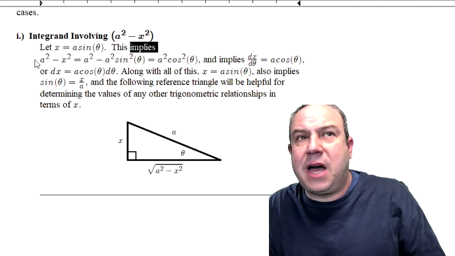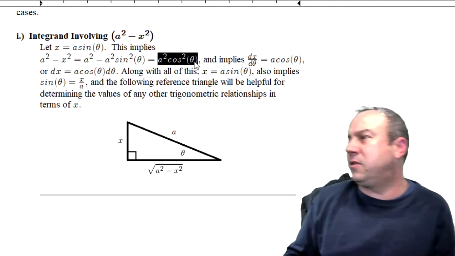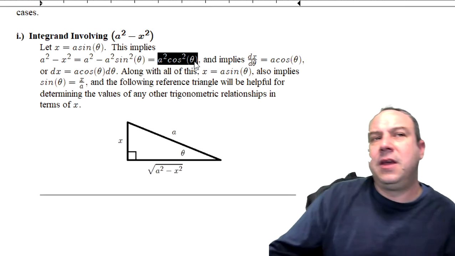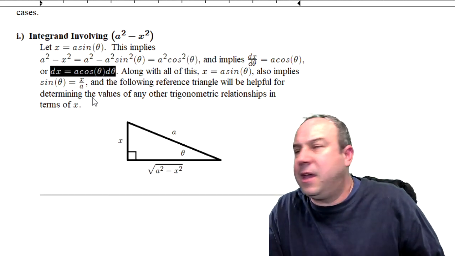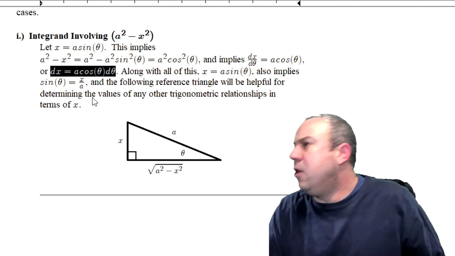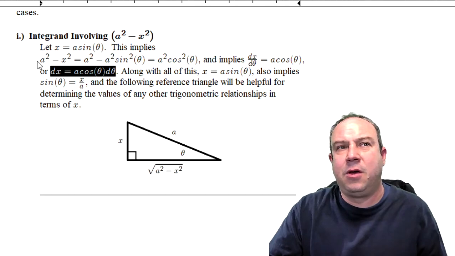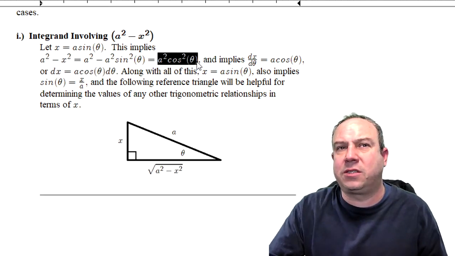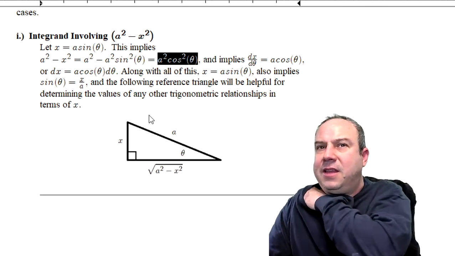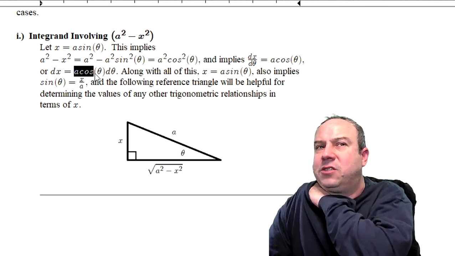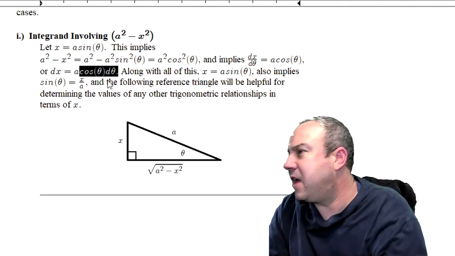This does imply that a squared minus x squared will be a squared cosine squared theta, and this does imply that dx will be a cosine theta d theta, where in my case a was 1, so 1 minus x squared was cosine squared theta because a was 1, and dx was equal to just 1 times cosine theta, or just cosine theta d theta in value.